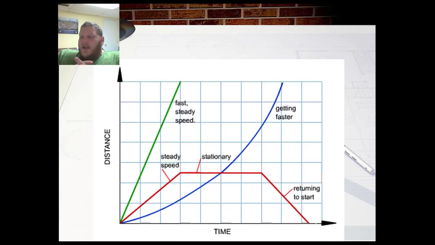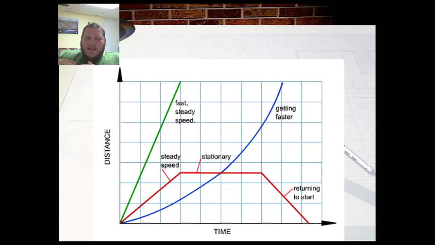So just looking at this graph, we've got a couple of different examples of unique things that the shape of your graph tells you. You can see from the green graph, it's a fast, steady speed because it's just a straight line, and it's got a nice steep slope, so we're moving quickly. For the red graph, we've got something a little bit different happening because we have a steady speed at first, and then you can see where it flattens out and hits that plateau.